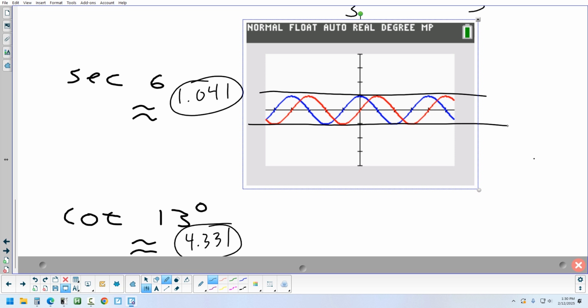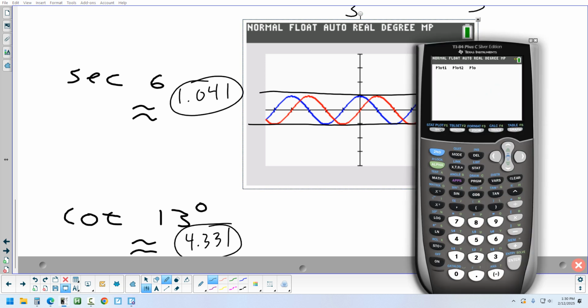Now look at tangent. Does it look like tangent is stopping at 1 and negative 1 and staying between them? No. Tangent goes up forever and it goes down forever. It just keeps going because there's an asymptote in the graph.